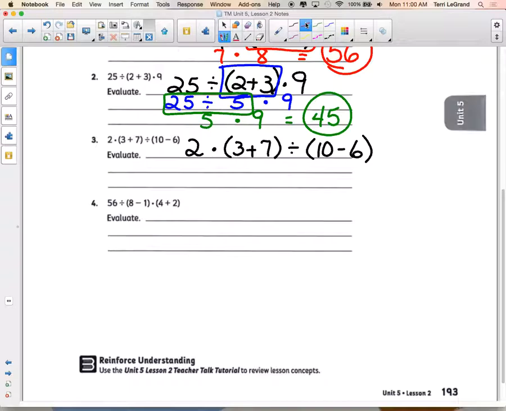I need a volunteer to come up and do the first step. Come on up.